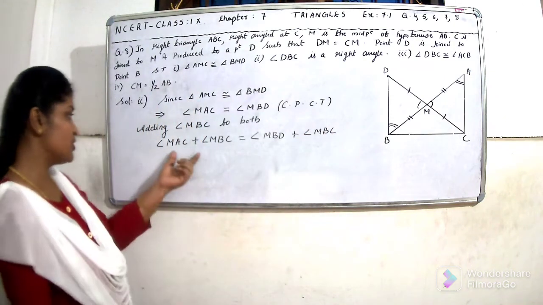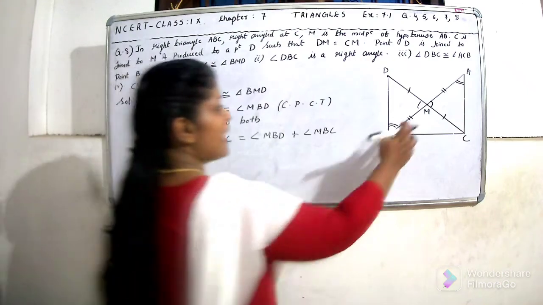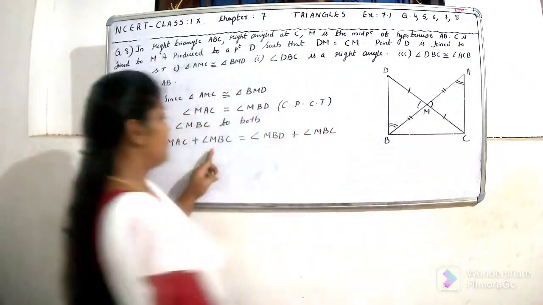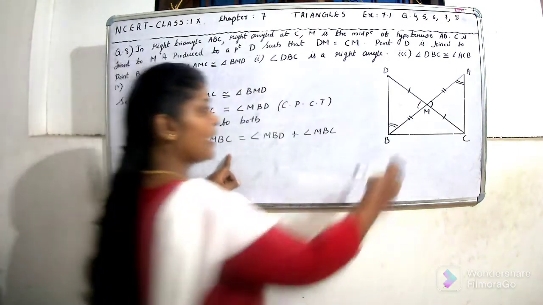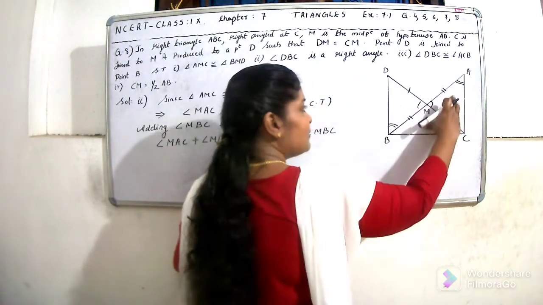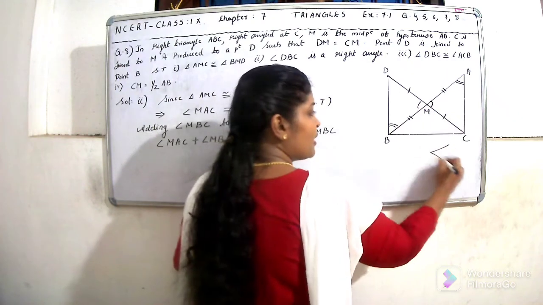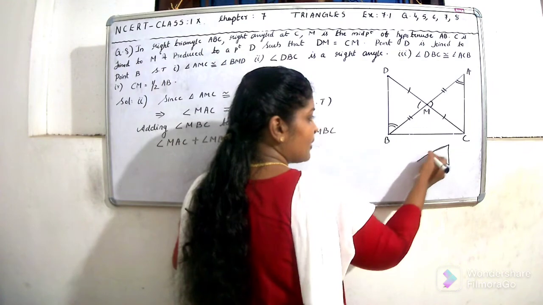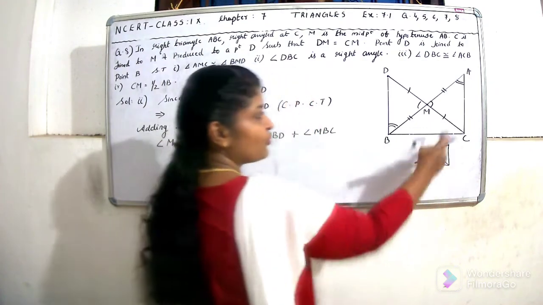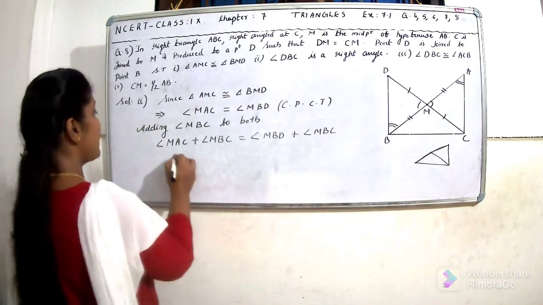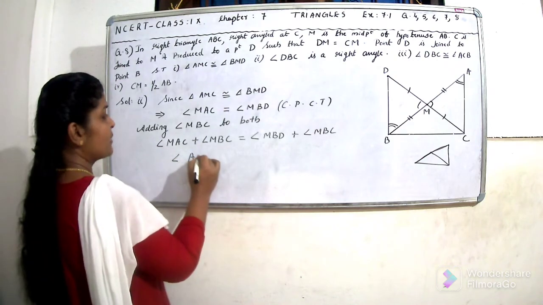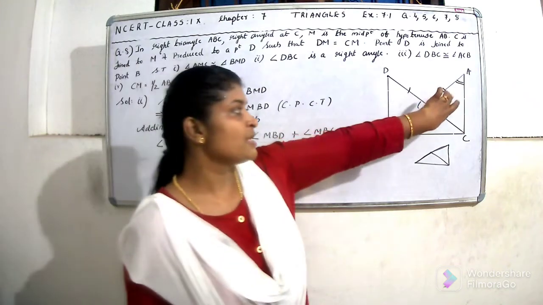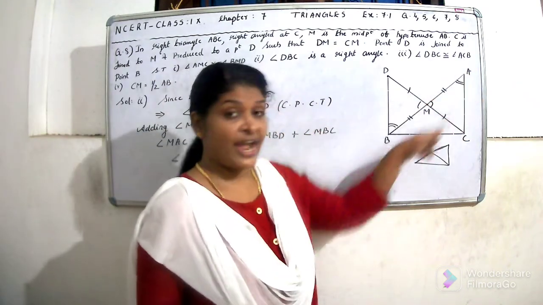Now let us look at these two angles. MAC means this corner, plus MBC means this full angle. When we add these two parts, the complete angle ACB is obtained, the triangle's angle.